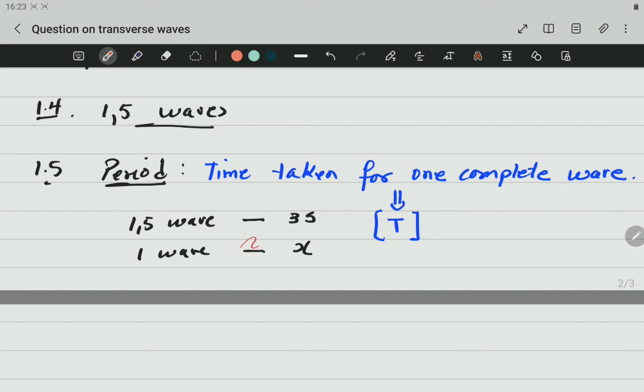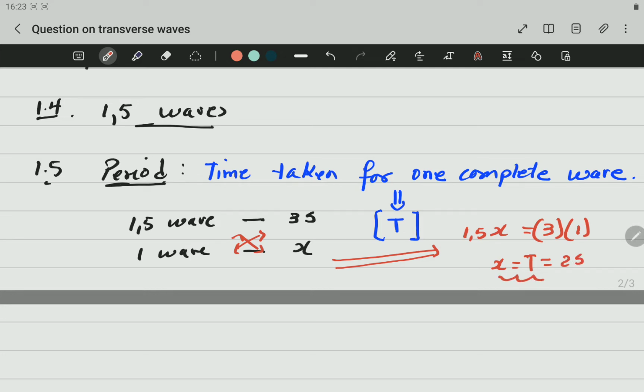Then from here I have that 1.5 x, where x is the time for one wave, which is the period, is equal to 3 times 1. When you calculate this simple calculation, x, remember x is the period, is going to be equal to 3 divided by 1.5, which is 2 seconds.